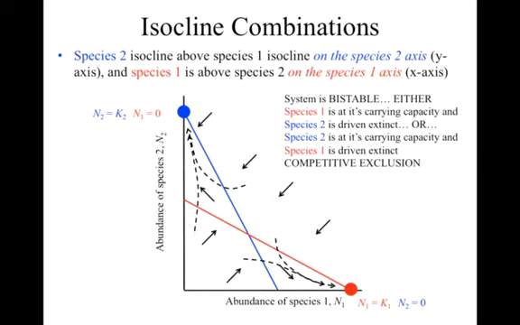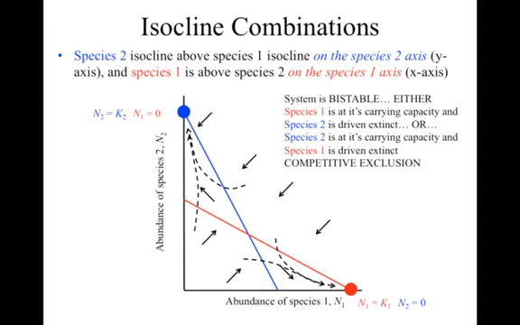What's going on? Well, this system is what we call bistable. So two things can happen, one or the other, depending on where you start. Your initial condition, where you start on that plane in terms of how much species 1 and species 2 you have, determines where you end up forever and ever. So either species 1 ends up going to its carrying capacity and driving species 2 extinct, or species 2 ends up going to its carrying capacity and driving species 1 extinct.